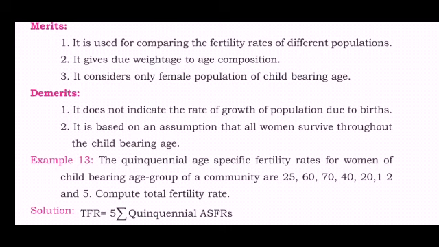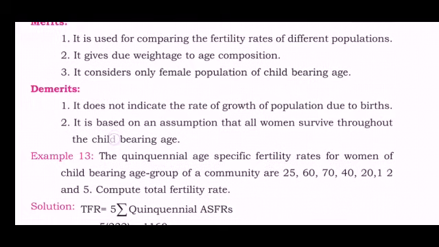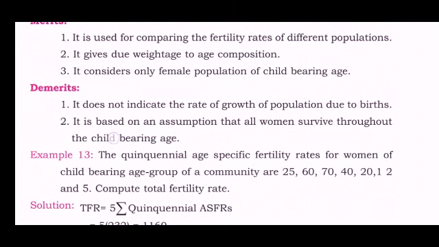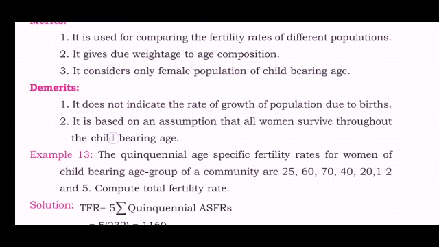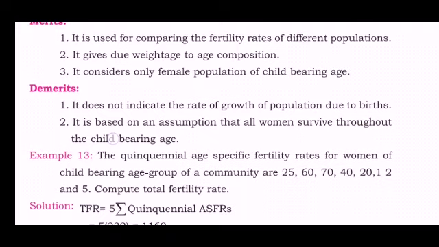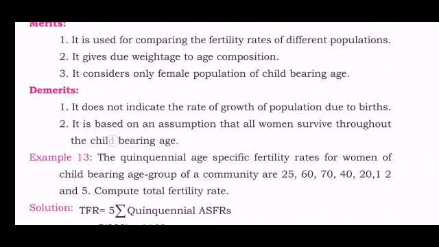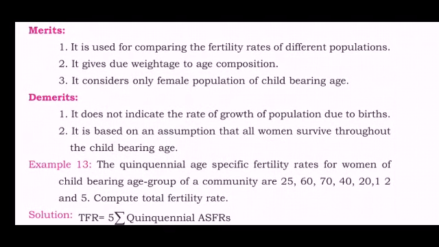And the second merit is, it gives due weightage to age composition. As we discussed in the definition, we can calculate individual age ASFR. Also we can calculate quinquennial ASFR, and the sum total of that is the TFR. So here it gives very much importance to age.